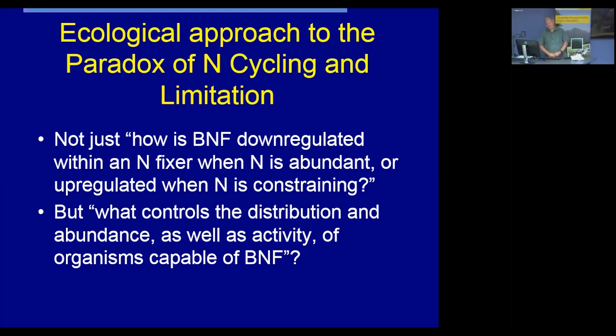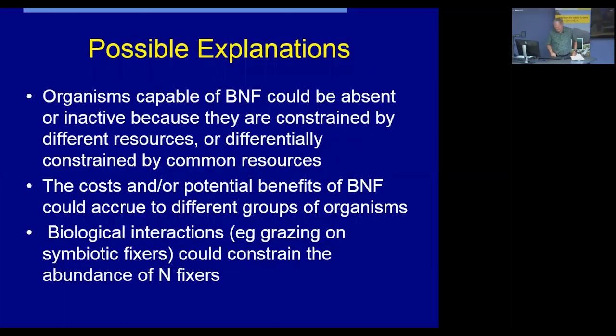But the broader question is, what controls the distribution and abundance, as well as the activity, of organisms capable of biological nitrogen fixation? It's an ecological question, not a physiological question, or it's an ecological question first, and then a physiological question. And we have some possible explanations that we've worked with in both observations and models.